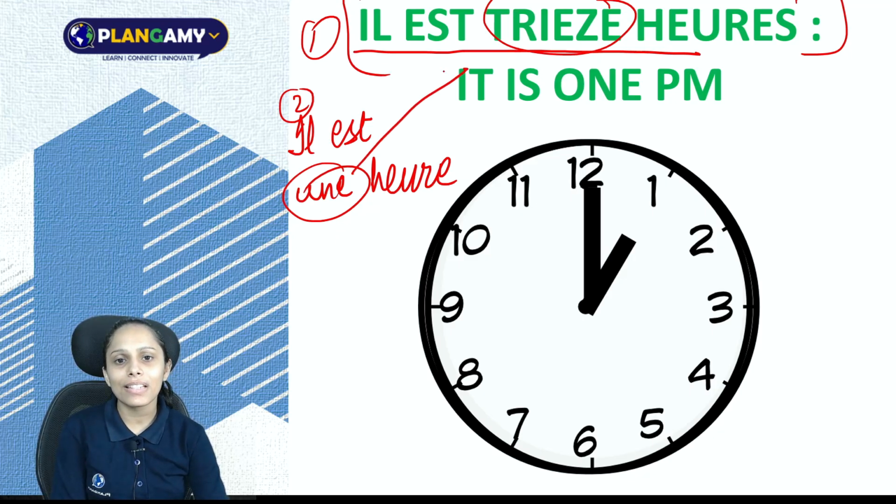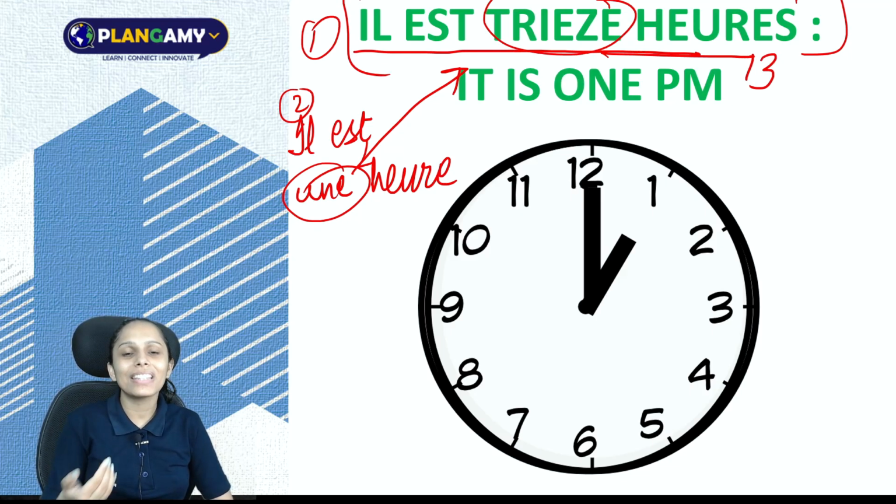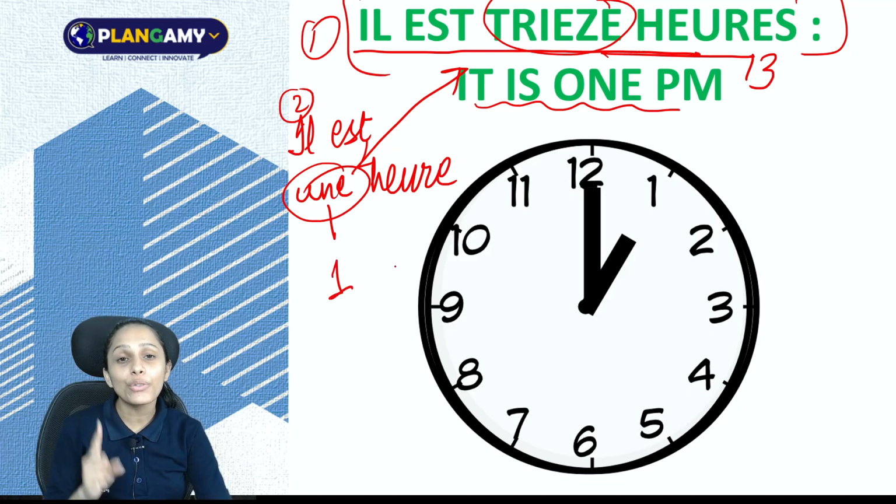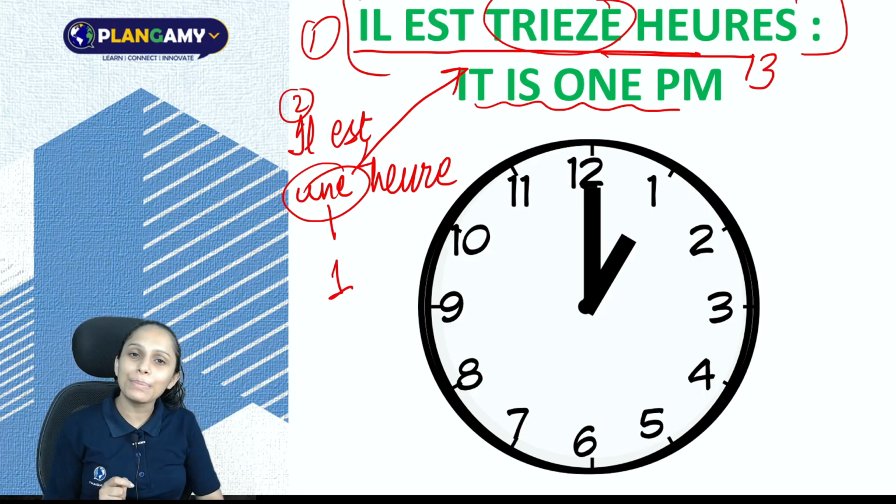The difference is that if you use number 13, it means you are talking about it being 1 in the afternoon, or as you can see here, it is 1 p.m. But if you change your number and if you just say il est une heure, it means you are talking about it being 1 a.m. or 1 in the morning.